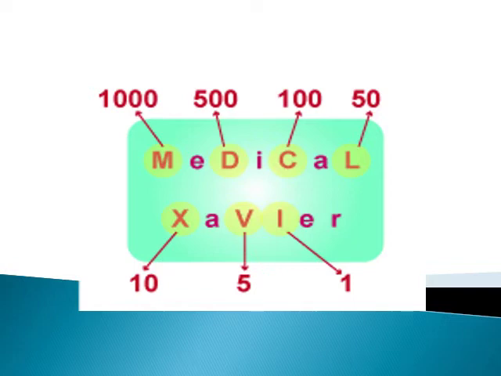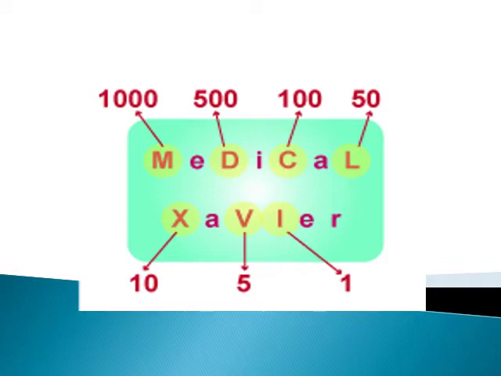Look at this word medical and another word Xavier. Medical Xavier. Isn't it very interesting, children? Now you must be wondering why Sir has given us this word medical Xavier. But if you look at the letters which are highlighted, these letters are the Roman numerals.